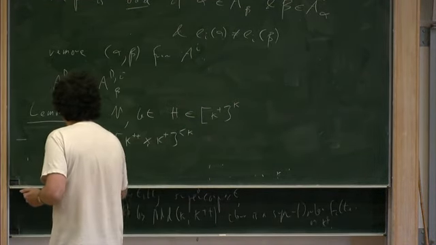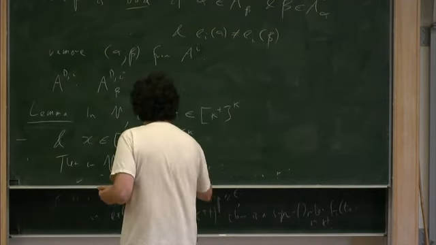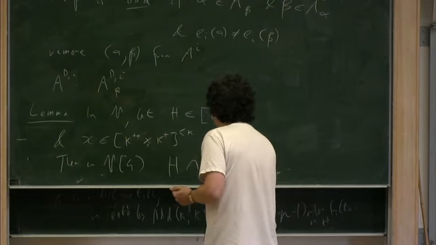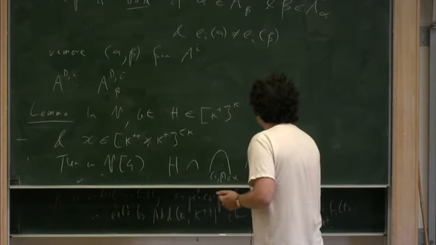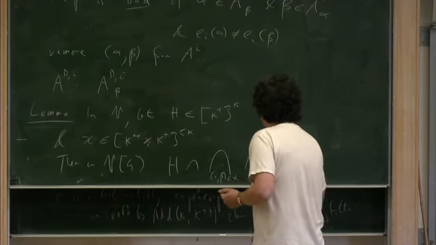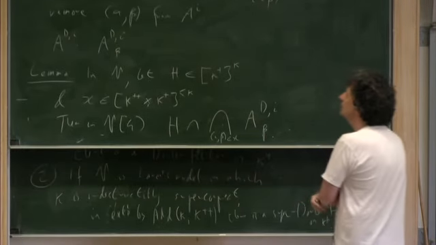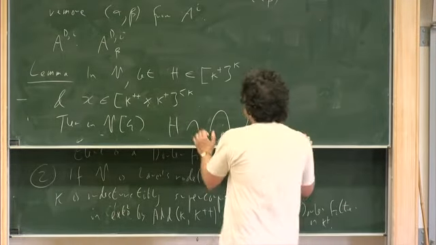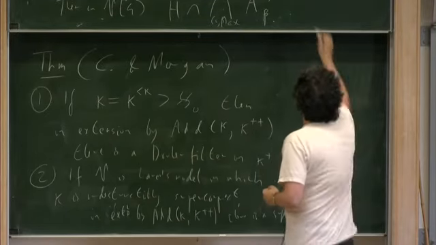So then, in V[G], what's going to happen? H is going to meet the intersection over all I, beta in X of the altered sets A, D, I beta. So, in particular, it is non-empty.